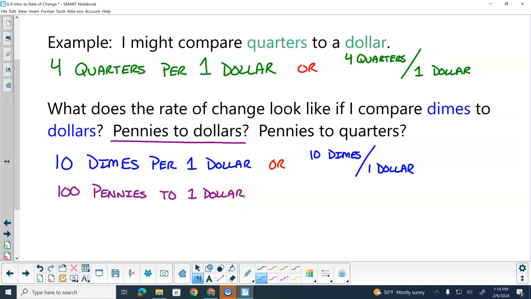Okay, so you could say the word to there instead of per. Okay. All right. What about pennies to quarters? 25 what? 25 quarters to a penny? Does it make a difference?